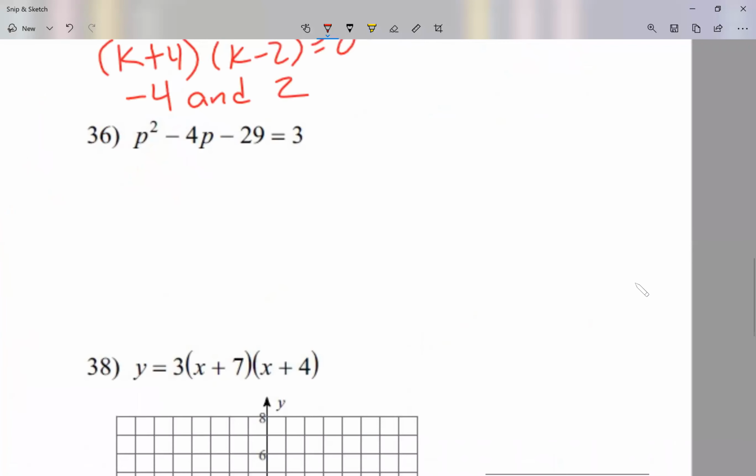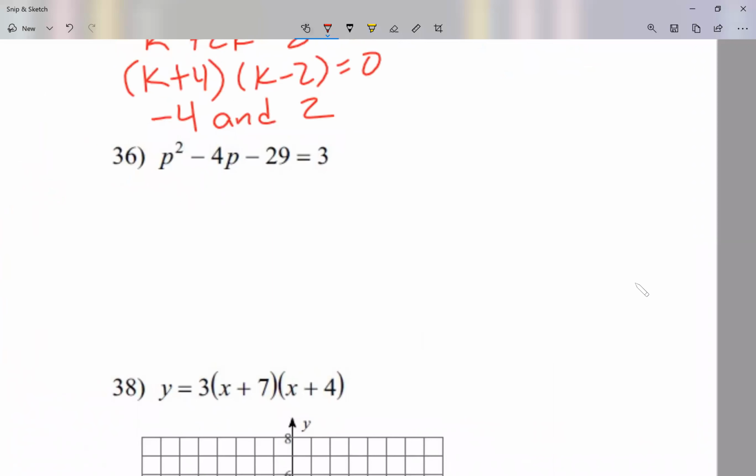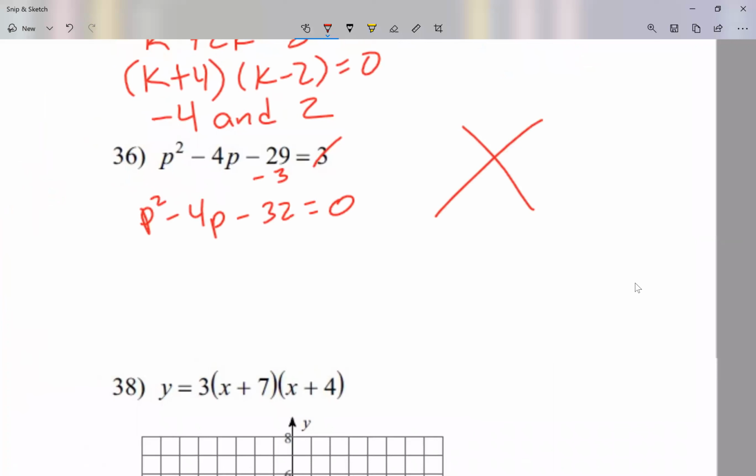Let's take a look at question number 36. The right side has to equal 0, so this positive 3, let me bring it down as a negative 3. So p squared minus 4p minus 32 is equal to 0. I'm looking for two numbers that multiplied equals negative 32, but when I add them is equal to negative 4.